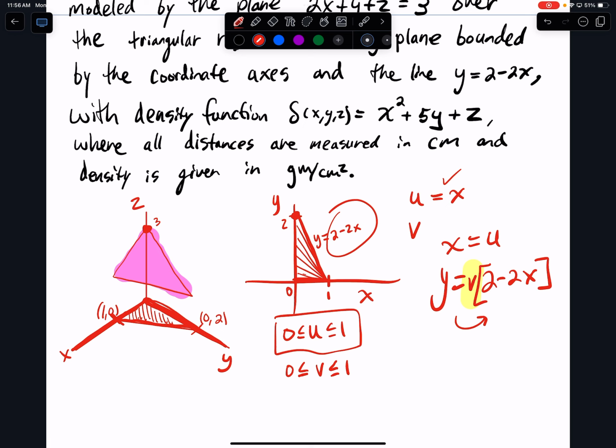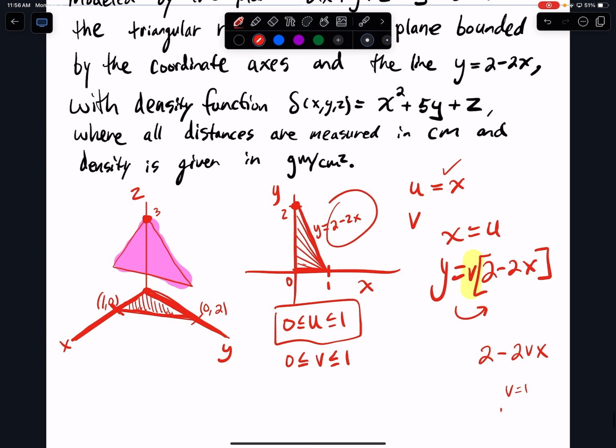Well, okay, let's just try one. So you're saying you're just doing 2 minus 2vx, basically? Yeah. Okay. So if you had v equal to 1, I would agree. v equal to 1 works. But what is v equal to 0 going to do? That's just going to give you y equals 2.